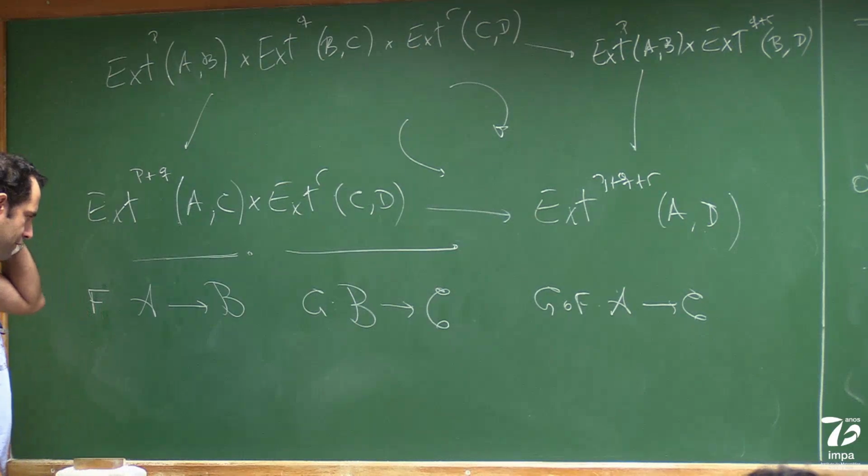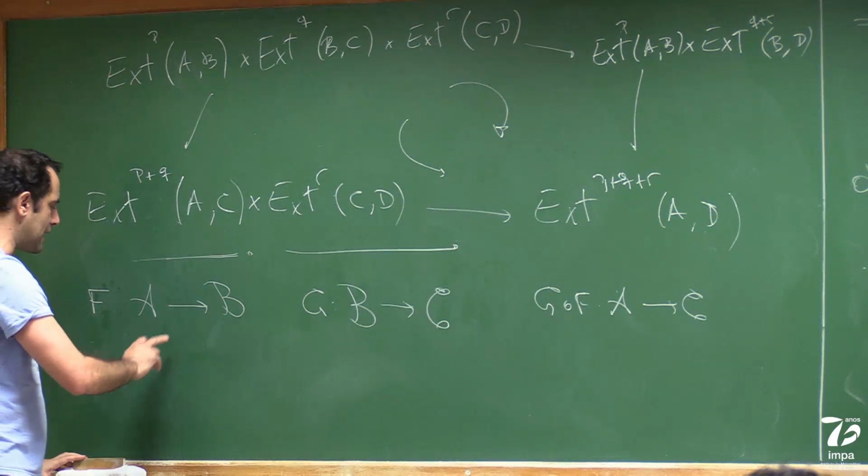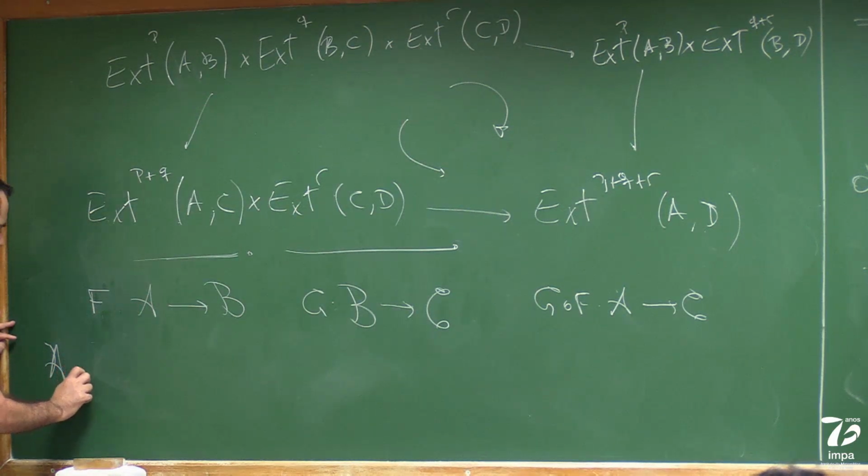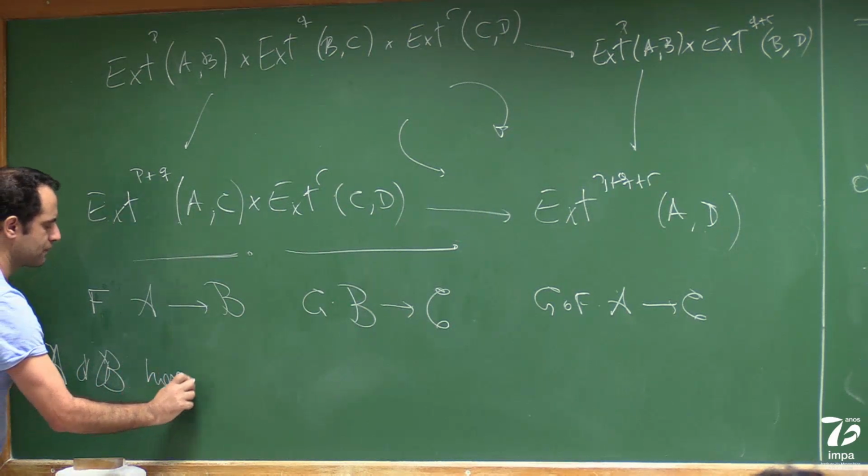So let me phrase this in a different way. Let's suppose that I have enough injectives in A and B. Suppose that A and B have enough injectives.